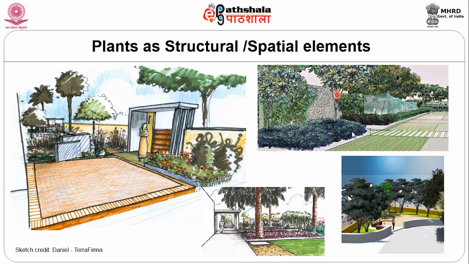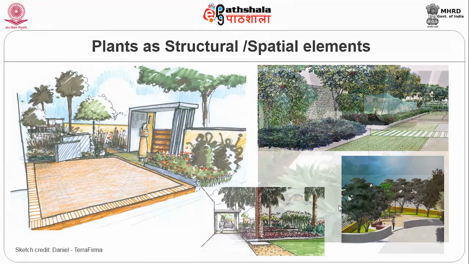So plants have different characters, whether trees or small shrubs or ground covers. They can be used at various levels. If you could see here, the ground cover gives a lot more depth to this arrival space, and we could understand that these significantly contribute to the spatial quality of the particular space as such.